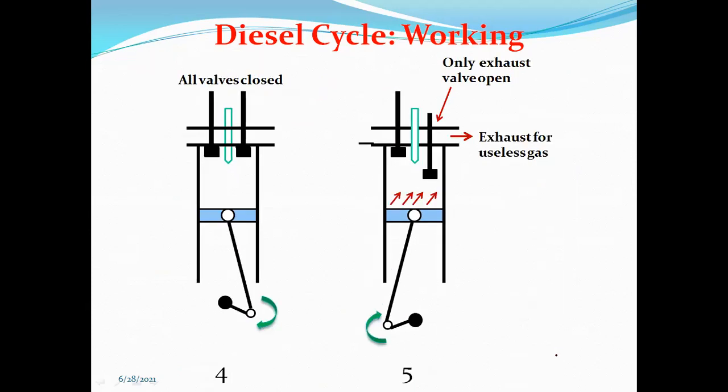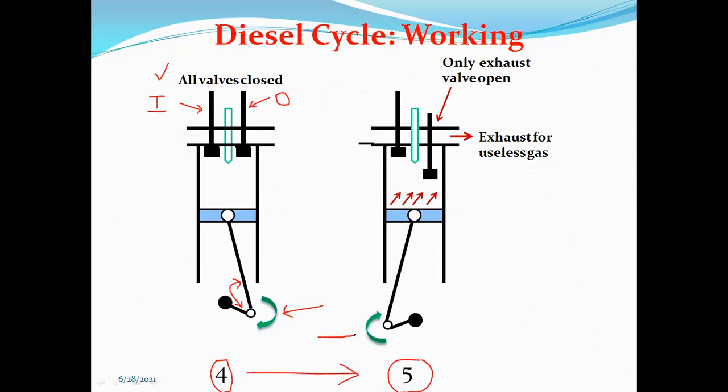After that, in the fourth stage, once again observe the motion of the connecting rods and the piston. In this case also all valves, that is the inlet valve and the outlet valve, I shall write over here I for inlet and O for outlet, both valves are closed. Now, the fifth stage.